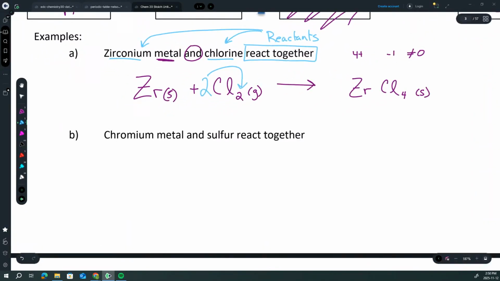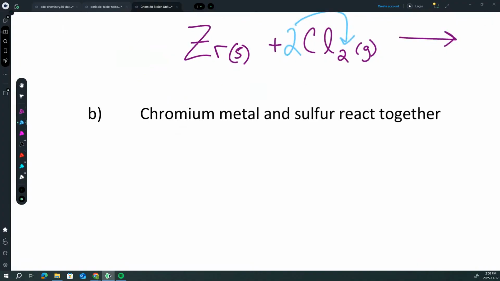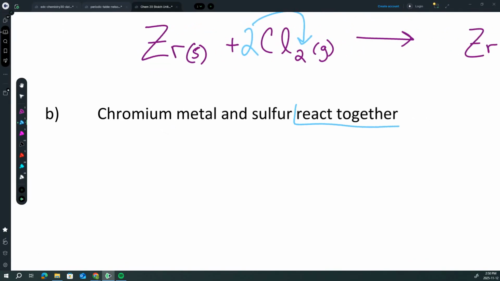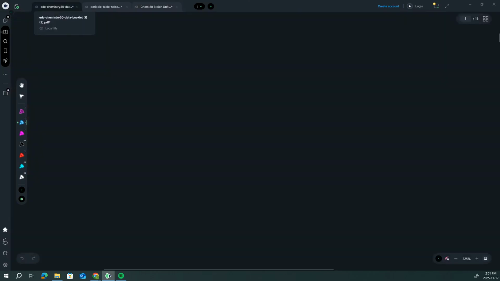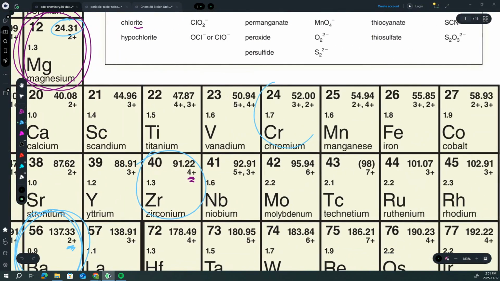For this next example here, let's look at it. We have chromium metal and sulfur react together. So again, what the sentence is talking about before is the reactants. Okay, so chromium metal, that's number 24 here.